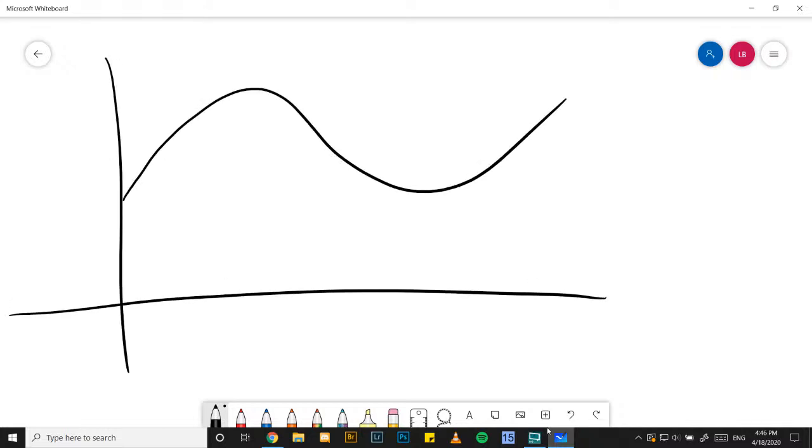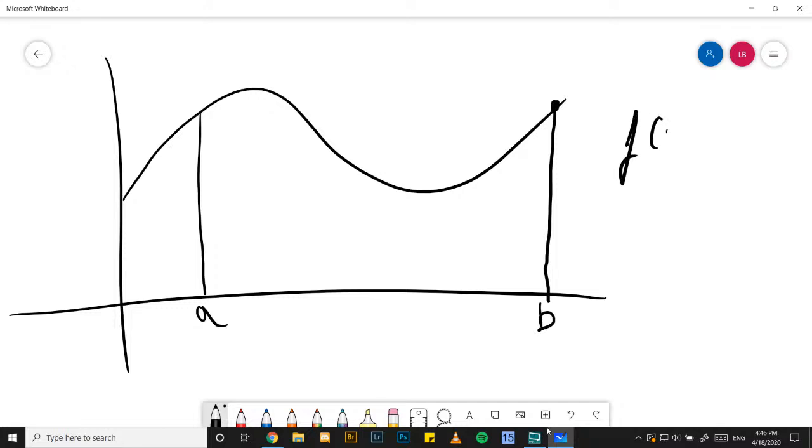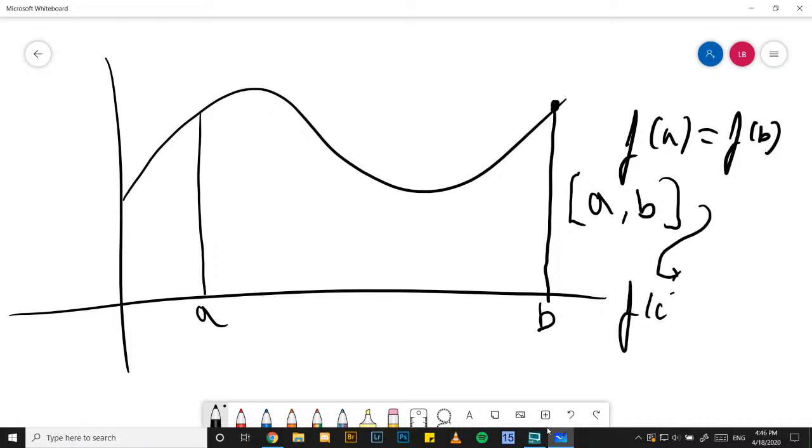Basically, if you have some weird curve, and you have some value a, and some value over here b, it says that if f of a is equal to f of b, then in the interval from a to b there exists some c such that f prime of c is equal to 0.